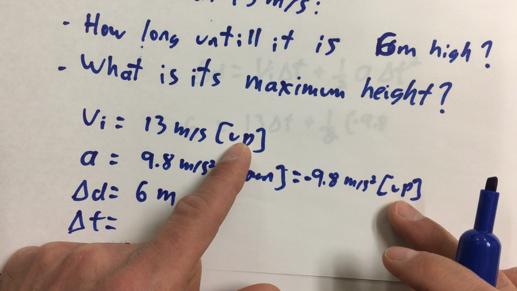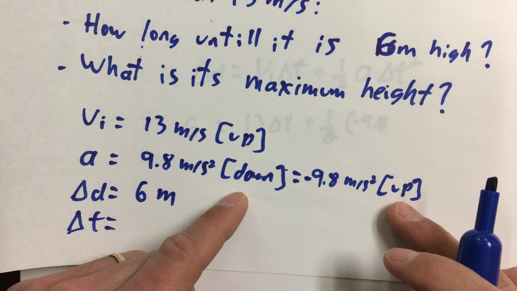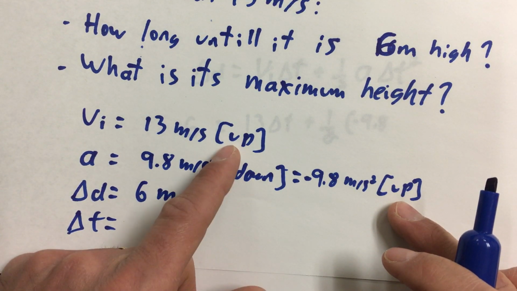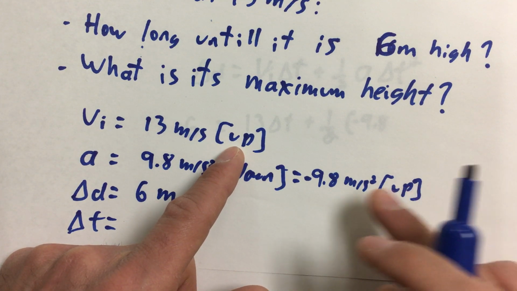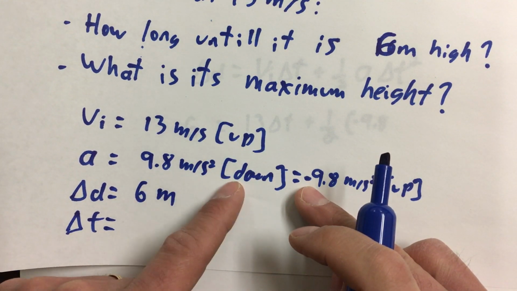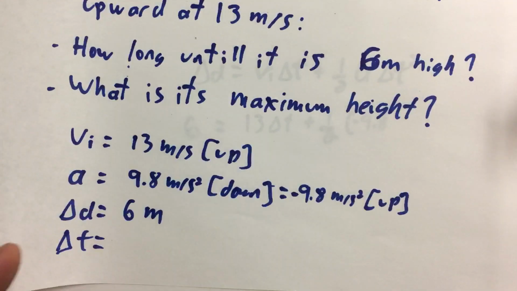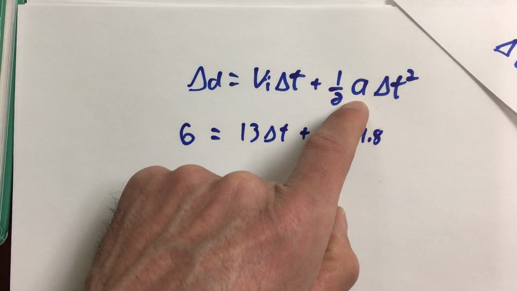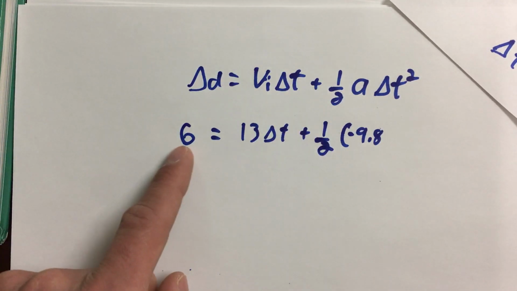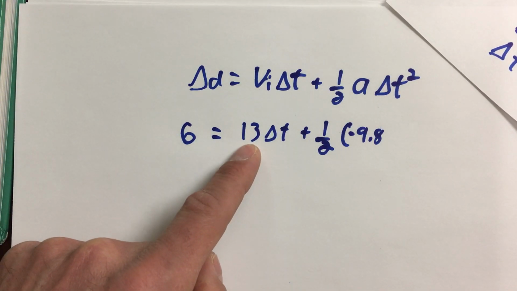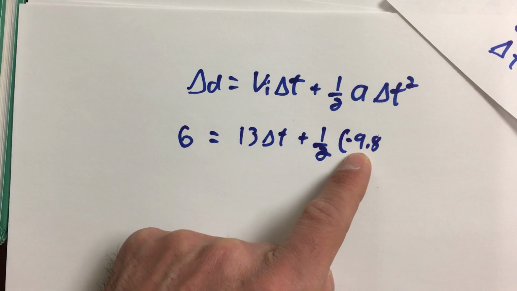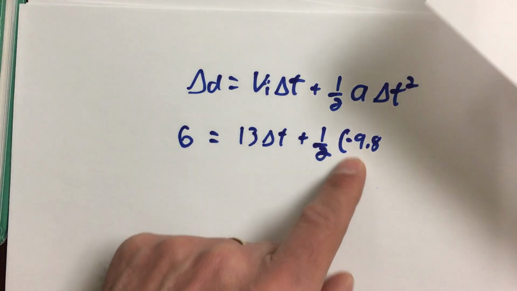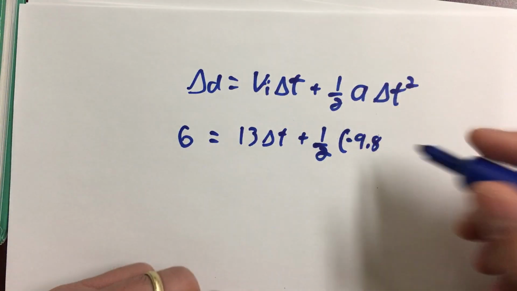With one-dimensional motion, sometimes things will go in 2 different directions, but you can state them all as being in the same direction as long as you use a negative whenever something's going the other way. That's why in the equation, in my spot for acceleration, I'm going to put everything as up. My displacement is up, my initial velocity is up, and when I make my acceleration a negative, it's also upward. So everything here is up.